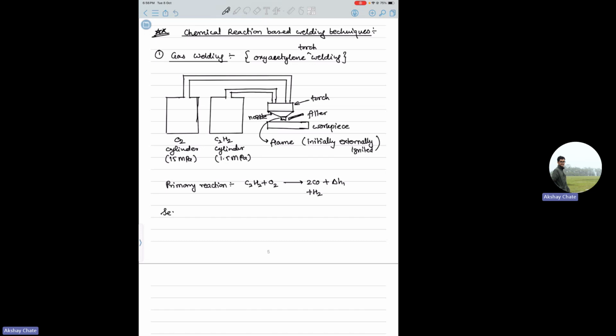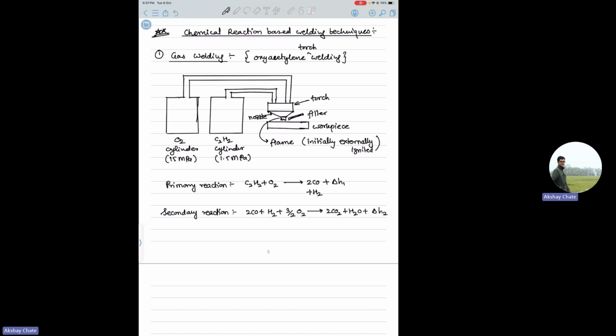Then you'll have the secondary reaction, in which this carbon monoxide plus hydrogen mixture again reacts with some oxygen, and you get 2CO2 plus H2O plus delta H2.